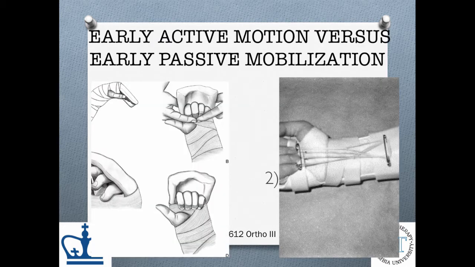And the pictures here are just showing you some examples of that. So on the left, you could see that the fingers are passively flexed, and then the patient can extend in the splint. And on the right, you see that those rubber bands are connected to a forearm splint, and also distally connected to little ringlets on the ends of the patient's fingers that are holding the patient in that flexed position.